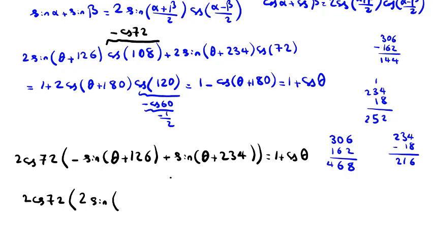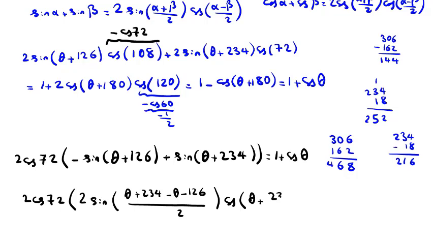It will be theta plus 234 plus, take minus inside, it will be plus sine negative this, it will be minus theta minus 126 all over 2 and cos their difference, because minus here their difference will be their sum. Now it will be theta plus 234 plus 126 over 2, theta plus theta over 2 is theta. It equals 1 plus cos theta.